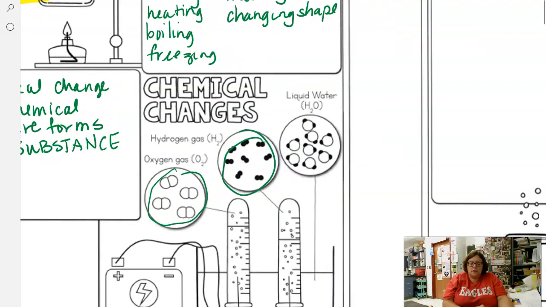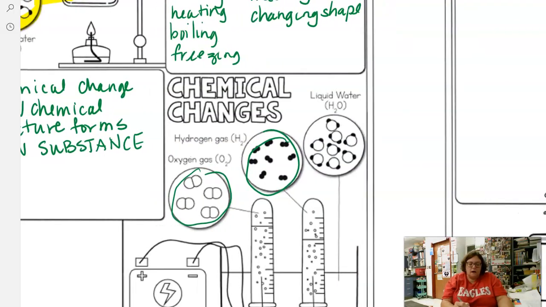And what's going on here is the hydrogen ions and the oxygen ions, we have electricity flowing through the water. This is the water, the liquid water. And as that electricity flows through, the oxygen atoms are coming off, the water's breaking apart, and we're forming oxygen molecules over here, and we're forming hydrogen molecules in the second test tube.